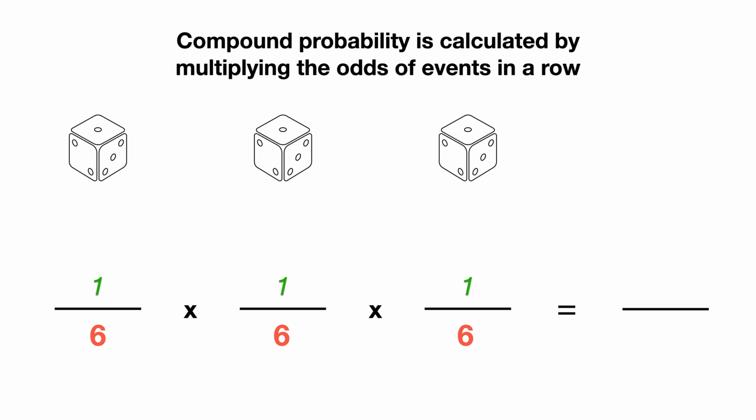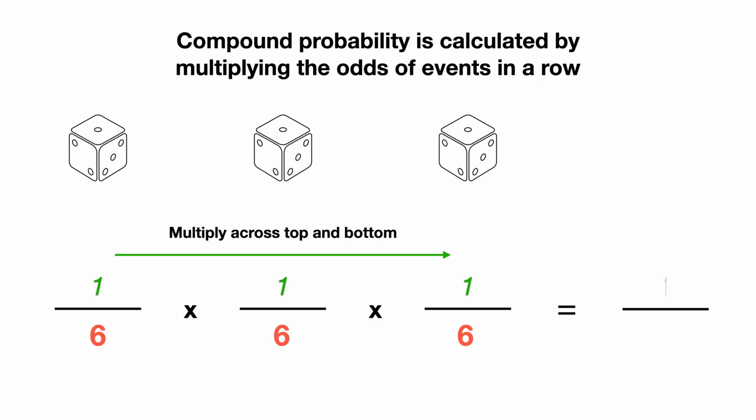Once you have your events set up, you can go ahead and solve. You just multiply across the top and bottom. Let's do the top first: 1 times 1 times 1 is 1. On the bottom, 6 times 6 times 6 is 216.